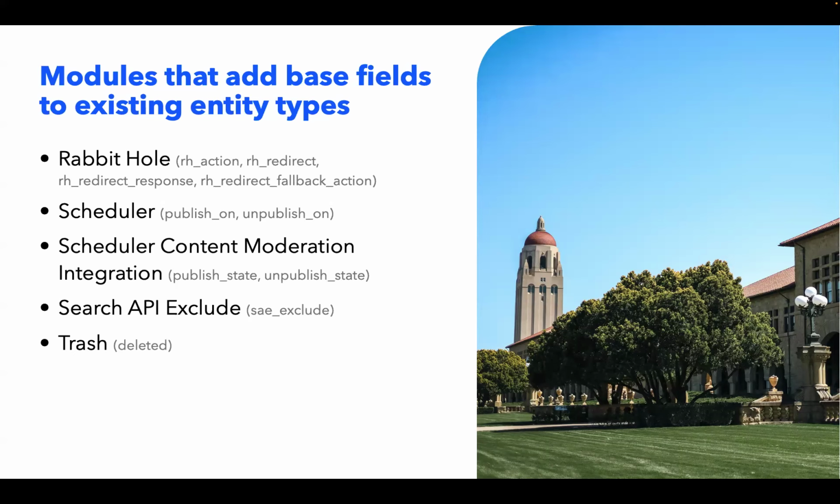Search API exclude is a module that allows you to exclude content from a search API index, and it adds a SAE exclude base field. And then there's another one called trash, which gives you a way to delete without fully deleting, and it adds a deleted base field. And there are many others. These are just 5 examples.